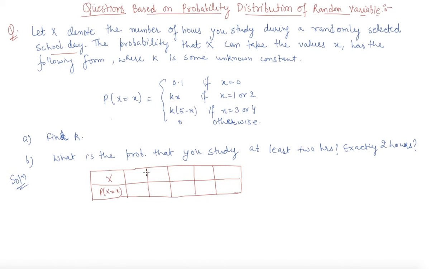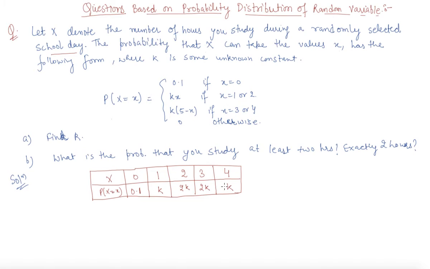So the probability that you study for 0 hours is 0.1, for 1 hour it is k, for 2 hours it is 2k. Okay, and for 3 it is again 2k, and for 4 it is again k.